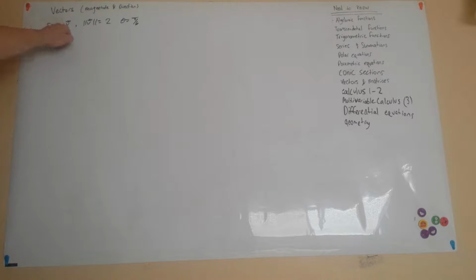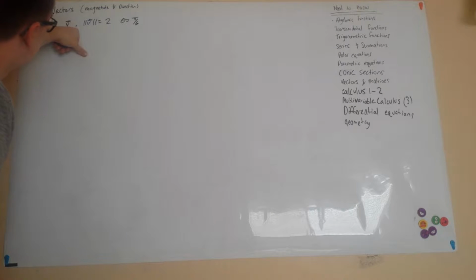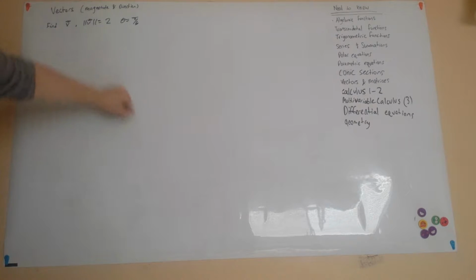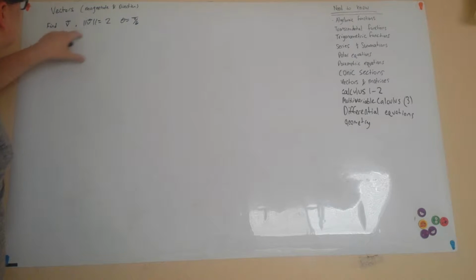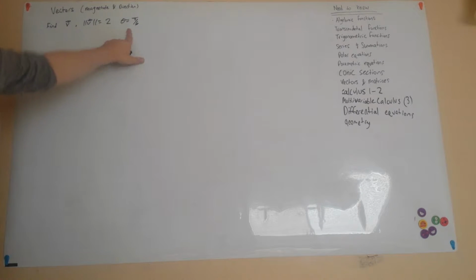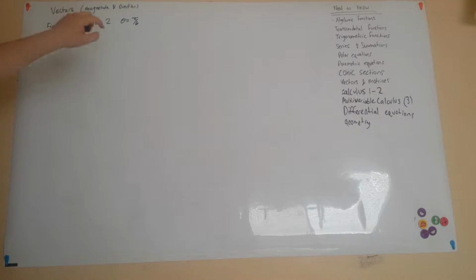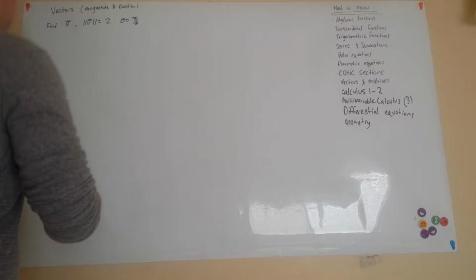So how would we figure this one out? Why is there a theta in there? Why is there a magnitude? How do we find the vector? Let's just draw a picture first.